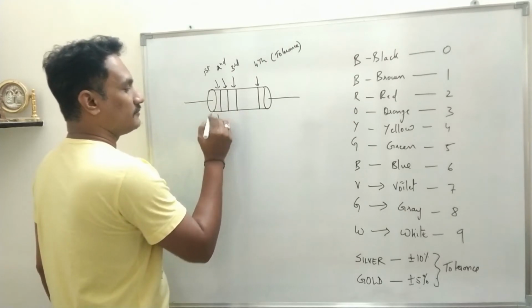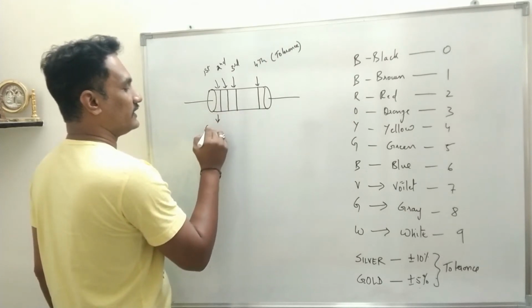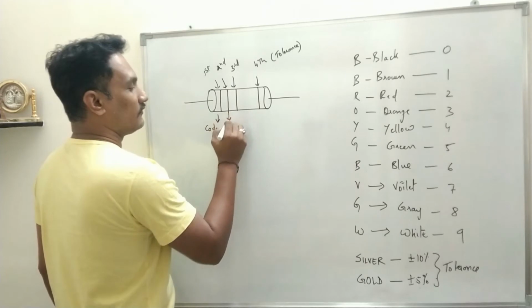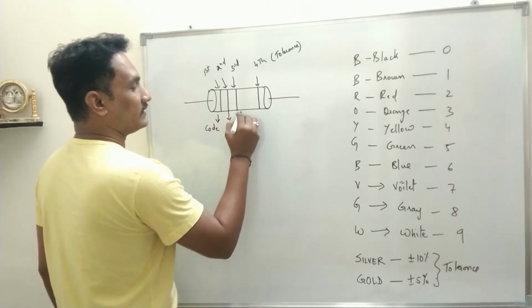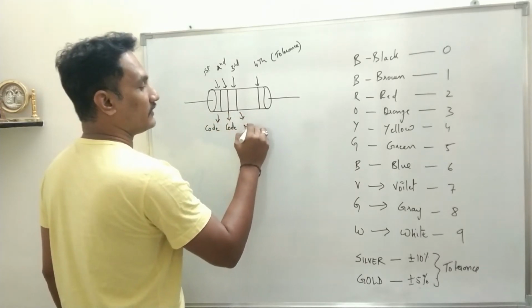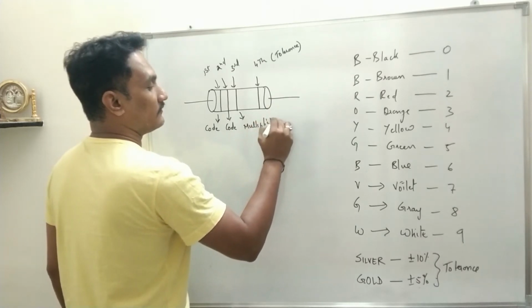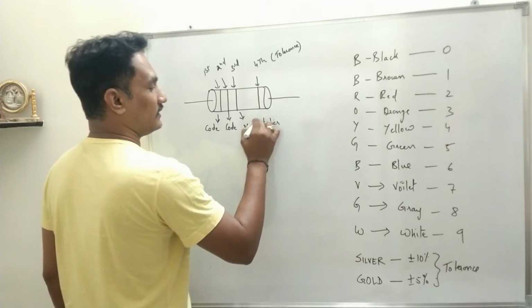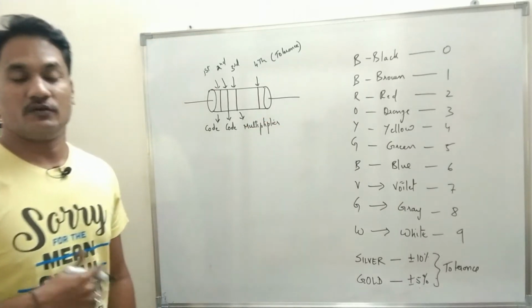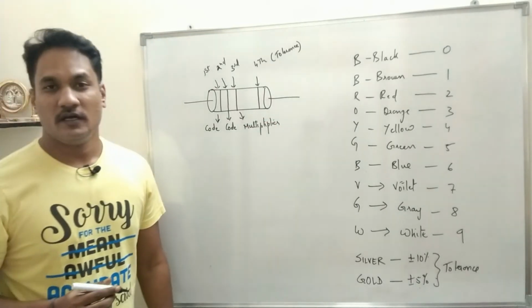For the first band we will directly write the code. For the second band we will directly write the code. For the third band we will write the multiplier. Let us take one example so that you can understand how exactly we have to write.